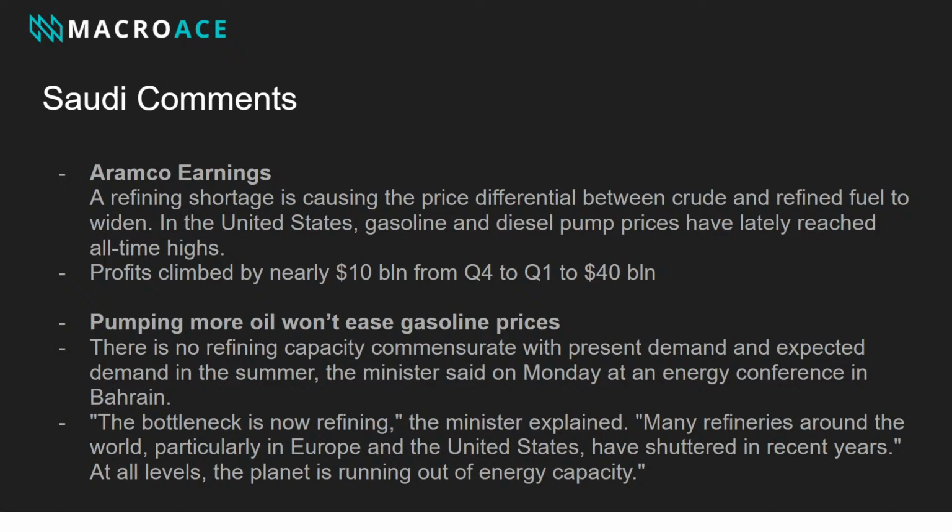But now, according to the Saudis, we're looking at the refining capacity and the pipelines they have open to provide the oil that is needed. So Aramco earnings, they said the refining shortage is causing the price differential between crude and refined fuel to widen. And in the US, gasoline and diesel pump prices have lately reached all-time highs.